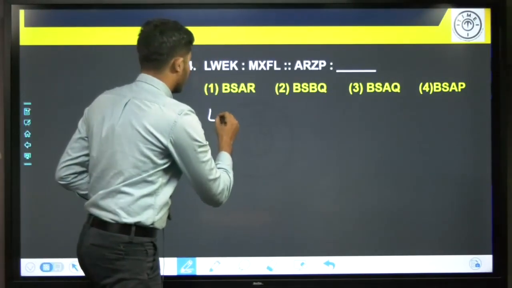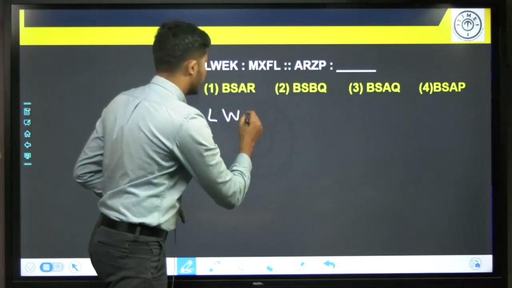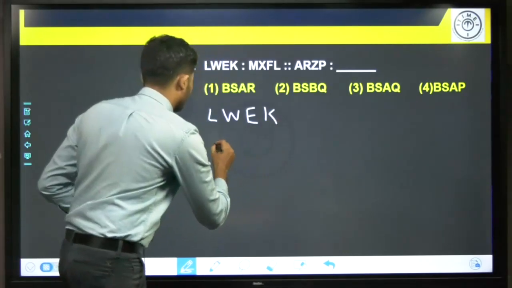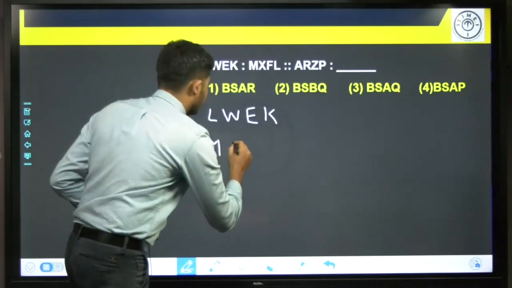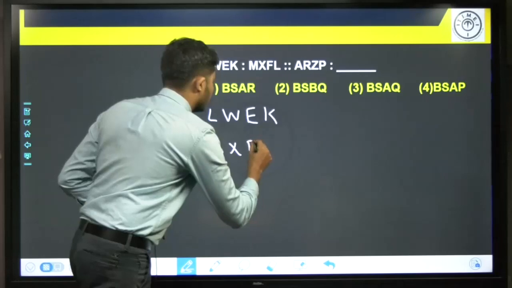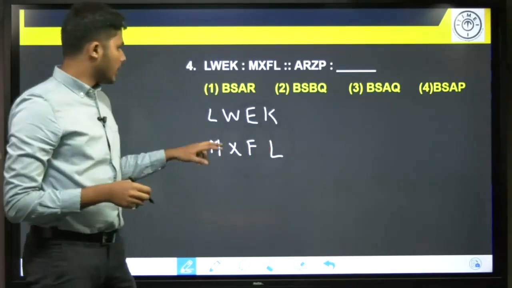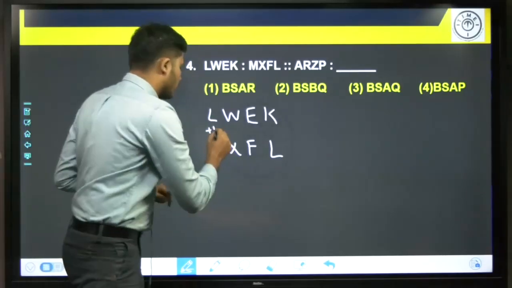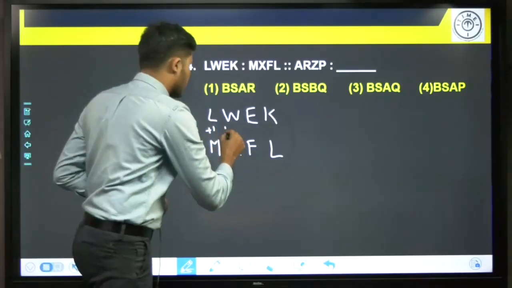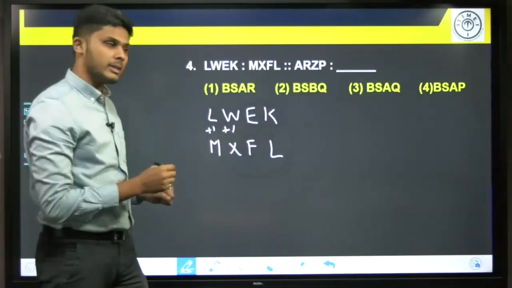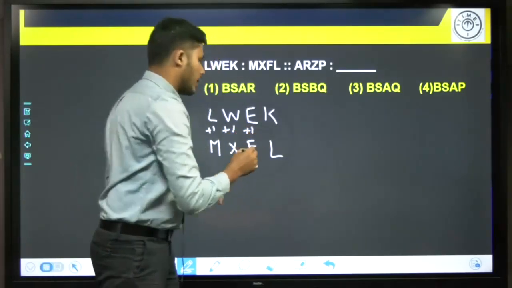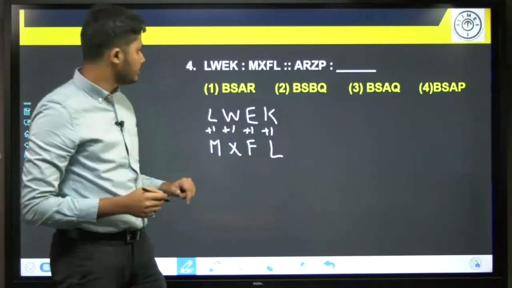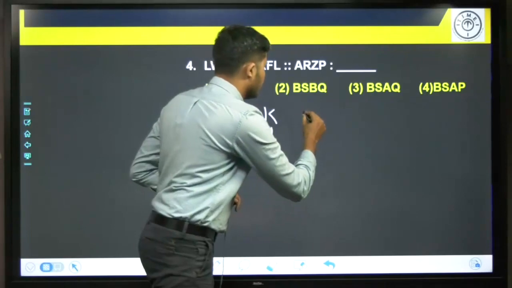Let's look at the logic behind the first and the second term. Here we can clearly see L plus 1 is M, W plus 1 is X, similarly E plus 1 is F, and K plus 1 is also L. Let's look at the third term.